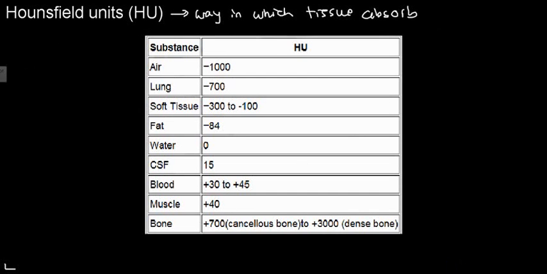And what we can see right away, and you don't need to memorize any of this really, is that you have tissues like the cerebral spinal fluid, that their index is 15, and water that absorbs less. And you can see that blood absorbs quite well, maybe because it has a lot of iron in it, and muscles absorb pretty well, and bone absorbs really well because it's full of calcium that has a pretty high Z atomic number.